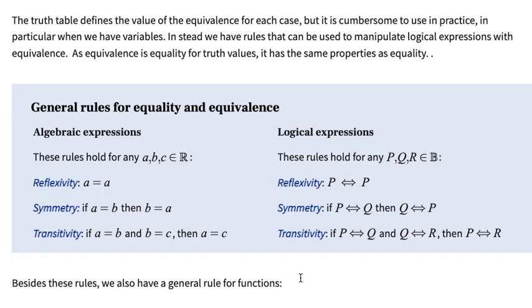For any logical expressions P, Q, we have that P is equivalent to P, and if P is equivalent to Q, then Q is equivalent to P, and transitivity, if P is equivalent to Q and Q is equivalent to R, then P is equivalent to R.